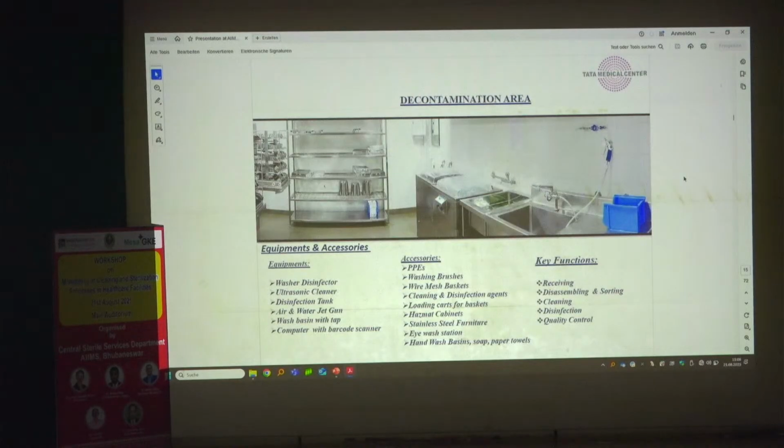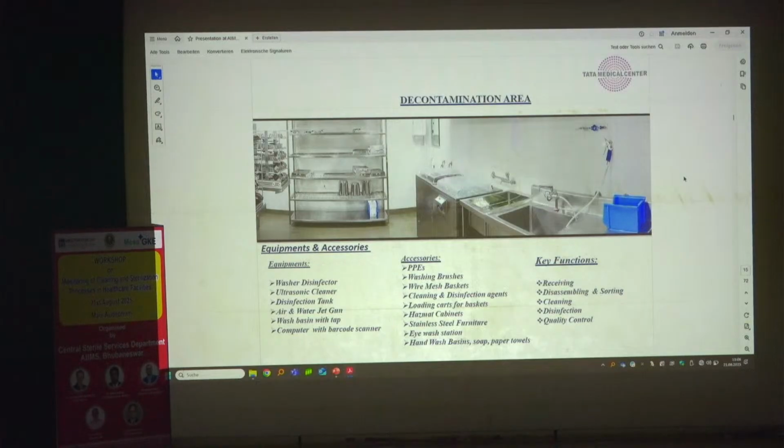This is the decontamination area, where the equipment, accessories and key functions are clearly mentioned. In the decontamination area, we keep the washer disinfector, ultrasonic cleaner, disinfection tank, air and water jet gun, wash basin, and a computer with barcode scanner.